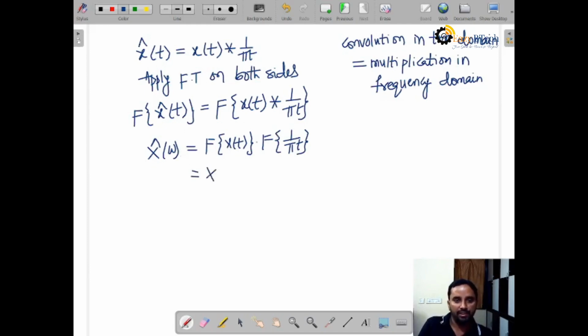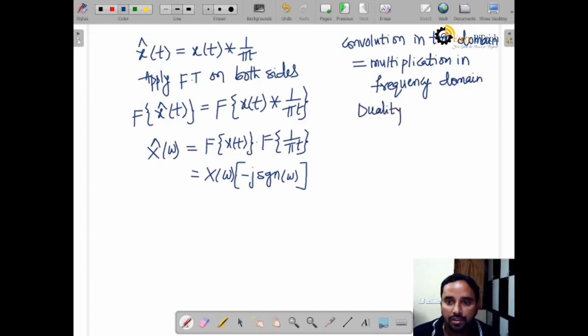Here x of t becomes x of omega, and what is the 1 by pi t Fourier transform? Minus j signum of omega. This is the 1 by pi t Fourier transform. So how it is, we will see. We know the duality property, that duality property is used now to see the 1 by pi t Fourier transform.